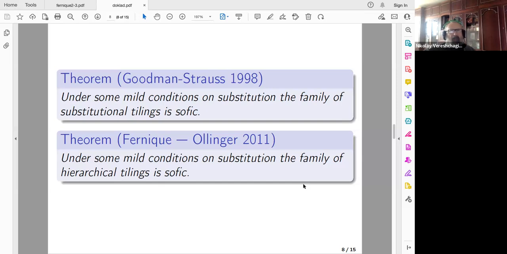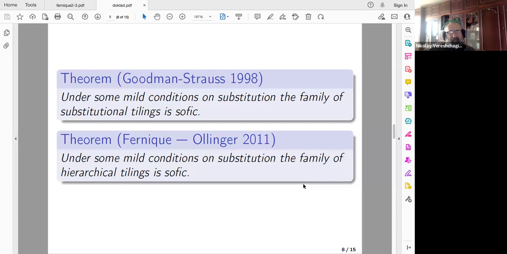Also Goodman-Strauss claims a second theorem, but it doesn't appear in his paper. Okay, and for Fernique and Ollinger, the situation is much better. They formulate their conditions explicitly before proving the theorem. But I think that they have some mistakes in the formulation.